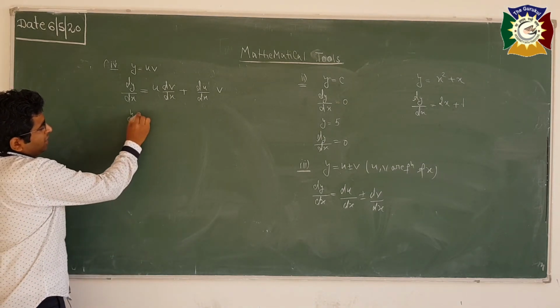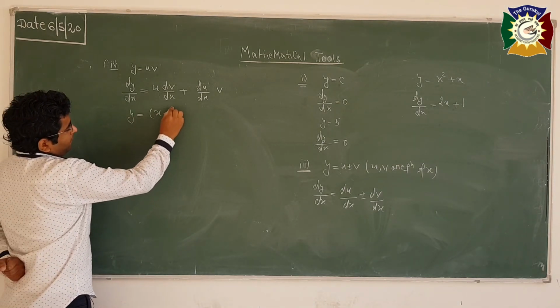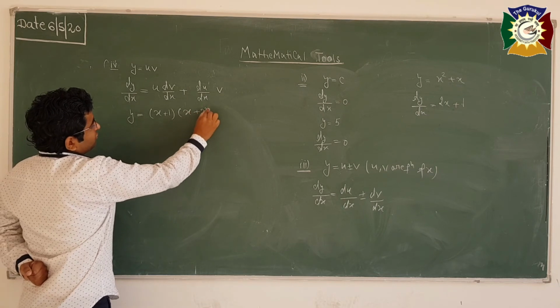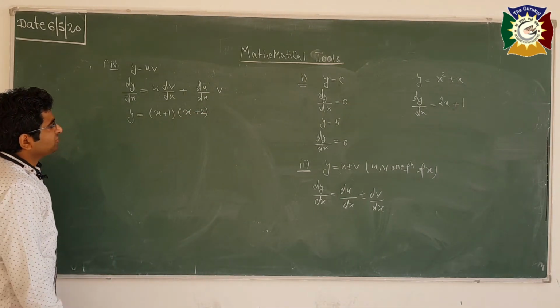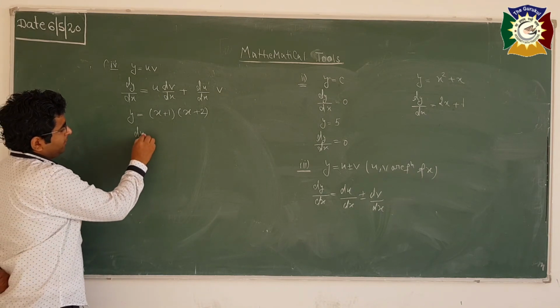Suppose y equal to x plus 1 into x plus 2 is given to you, and you have to calculate the derivative of this term. Then how to calculate it?